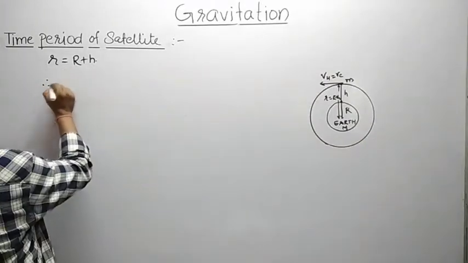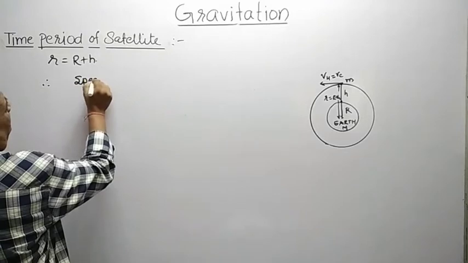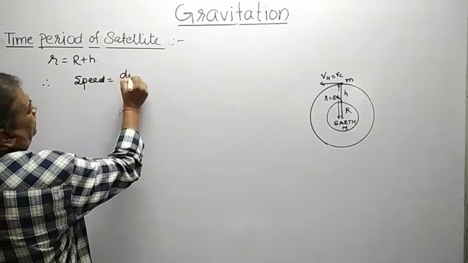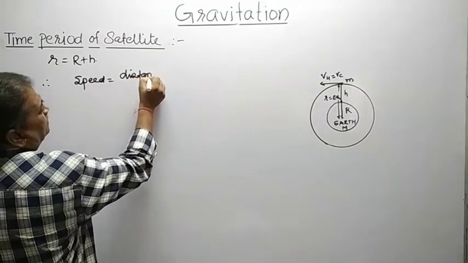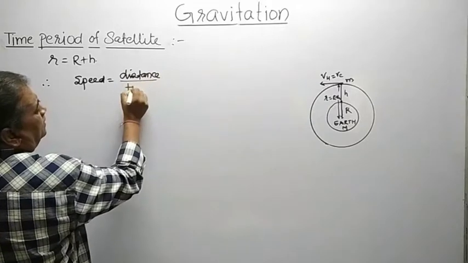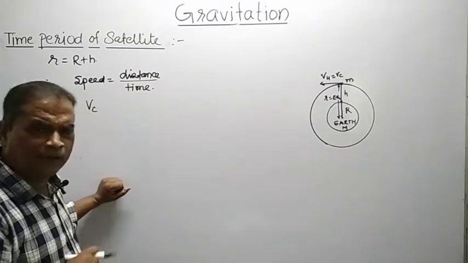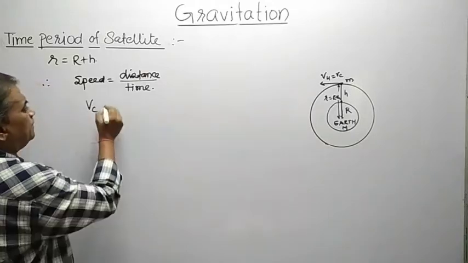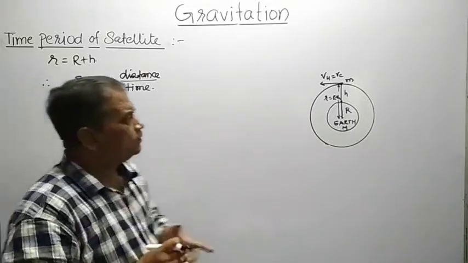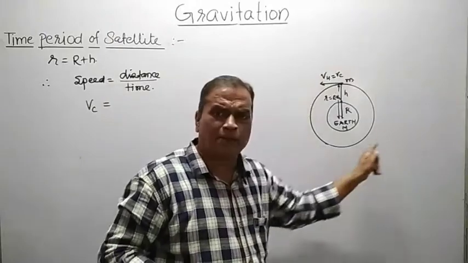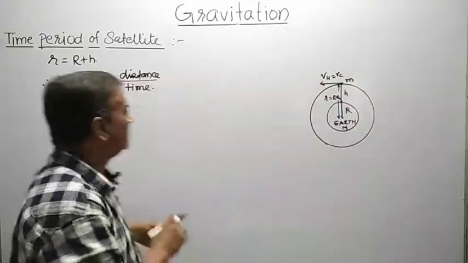So therefore, as we know, speed is equal to distance upon time. Speed is equal to what? Distance divided by time. Now here the satellite is moving with a critical speed Vc equal to, what is the distance covered by the satellite in one revolution?